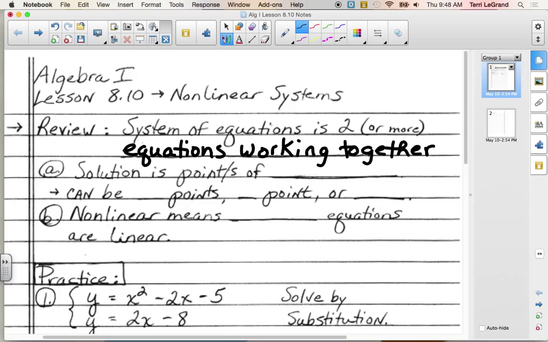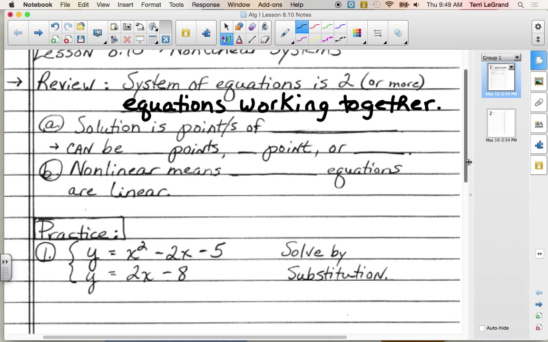The reason they're working together is because there's more than one variable for you to solve for, and it's a good way to help us solve for two or more unknowns. Notice it doesn't say a linear system of equations, it just says a system of equations. In other words, none of the equations have to be linear.